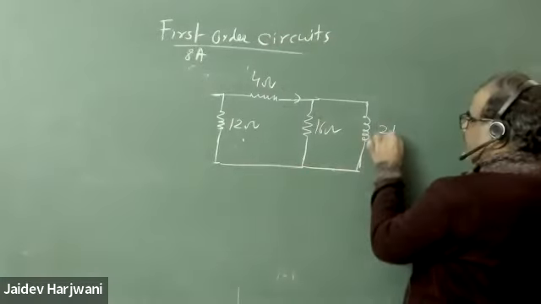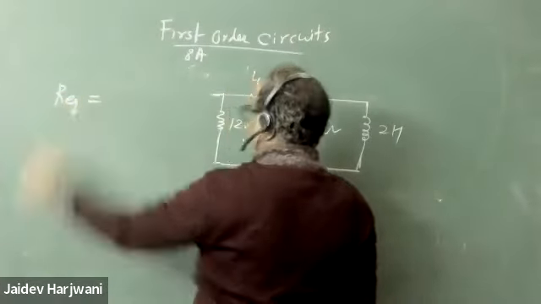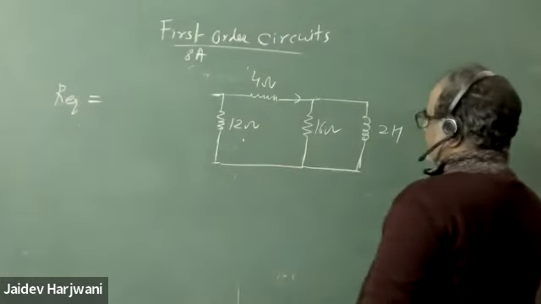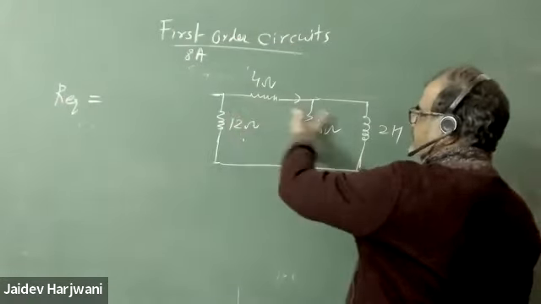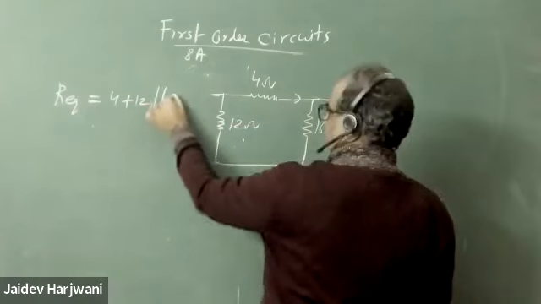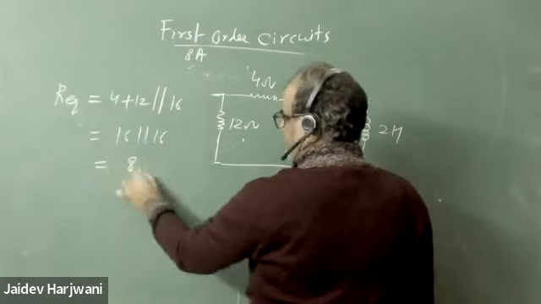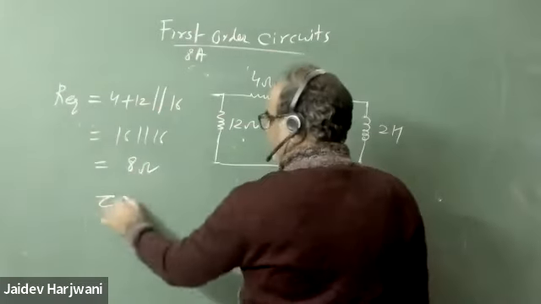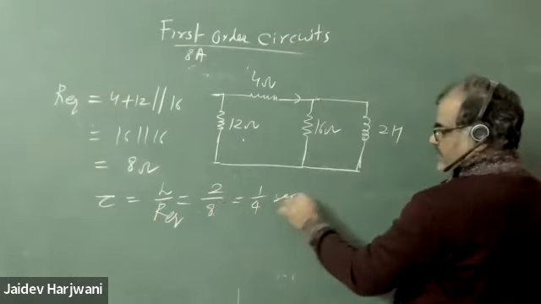So I need R equivalent. How much will R equivalent be? R equivalent means these two are in series, and that is in parallel with 16 ohm. So 4 plus 12, which is parallel to 16 ohm. 16 parallel to 16 becomes 8 ohm. So tau will be simply L upon R. L is 2 Henry, R equivalent is 8 ohm, so I get 1 by 4 second.